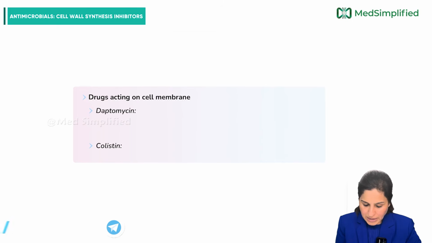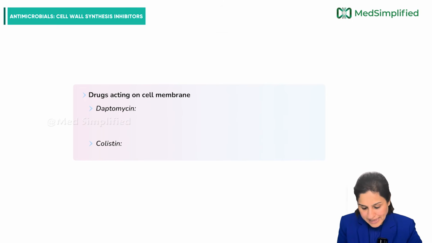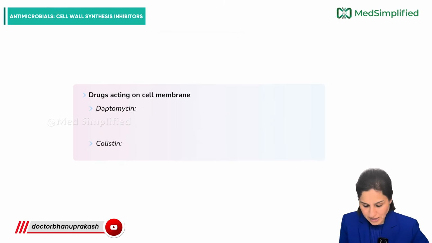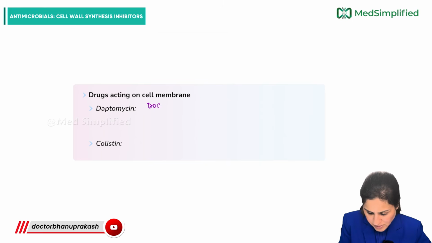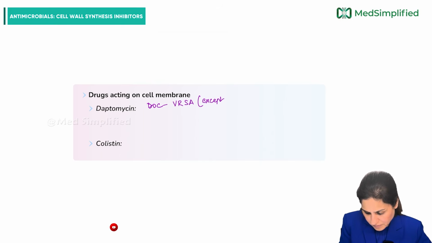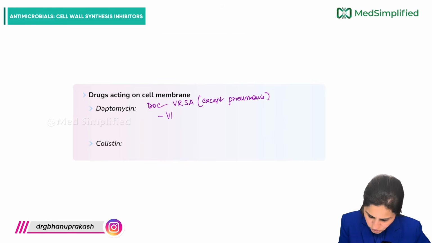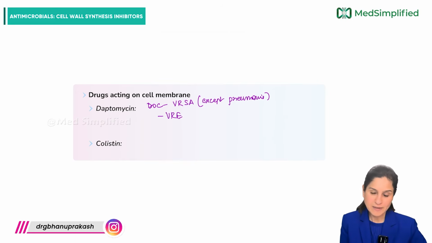Okay. Now, drugs acting on the cell membrane: we have daptomycin. It forms pores on the cell membrane and leads to potassium ion efflux. This is the drug of choice for VRSA, except pneumonia, where we give linezolid. It is also used for VRE infections.